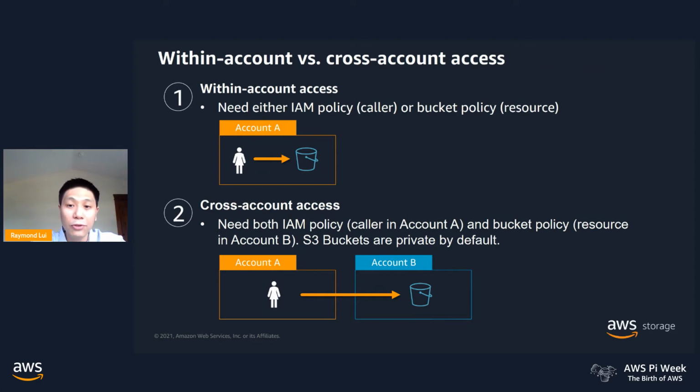But as you expand your use of Amazon S3, sometimes you want to share your data with someone from an external account. If you need to set up cross-account access, you would need both an IAM policy in the account that owns the IAM user and a bucket policy in the account that owns the bucket. This is because S3 buckets are private by default.